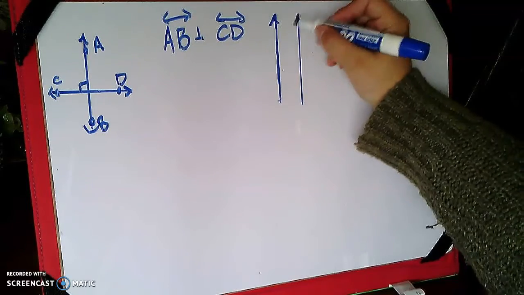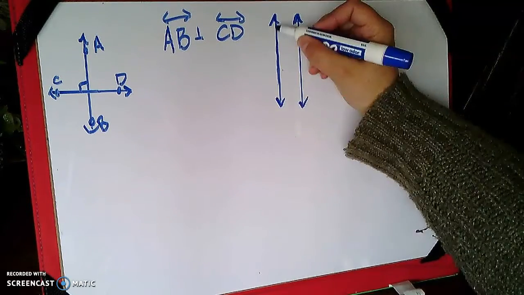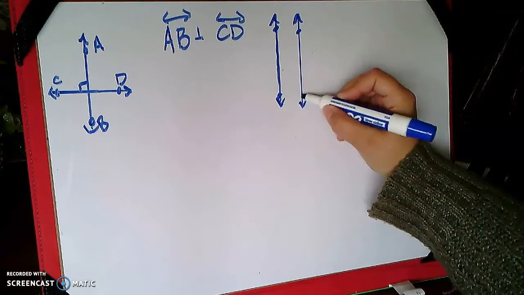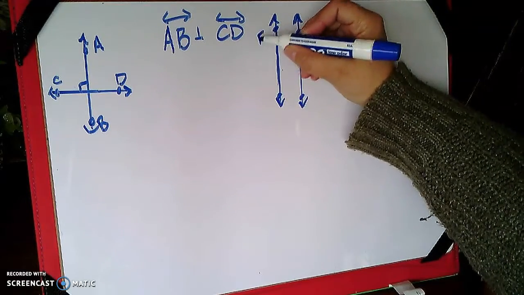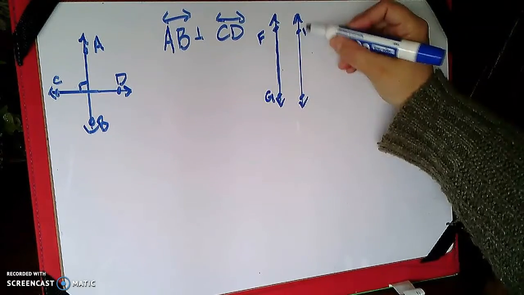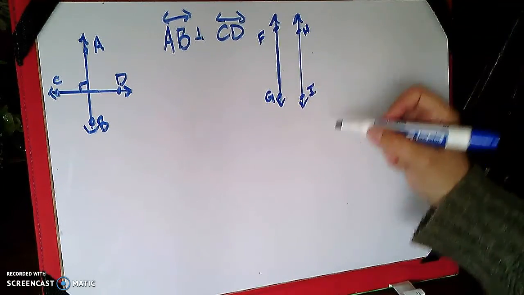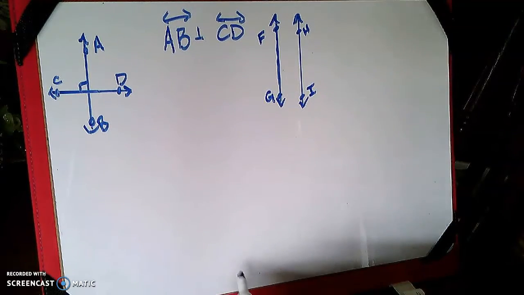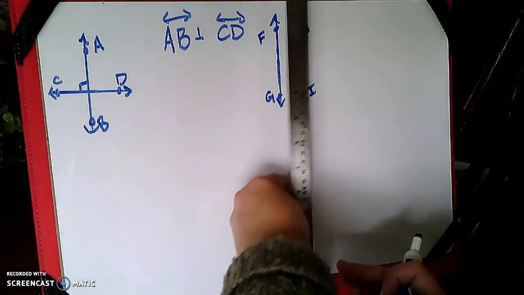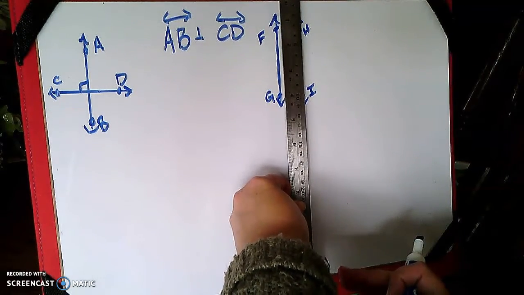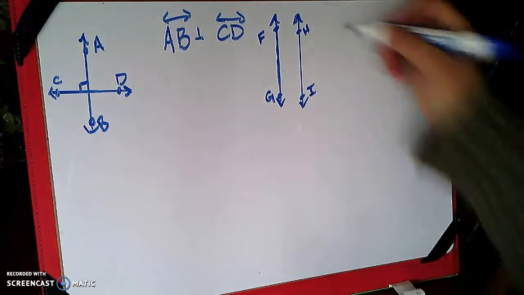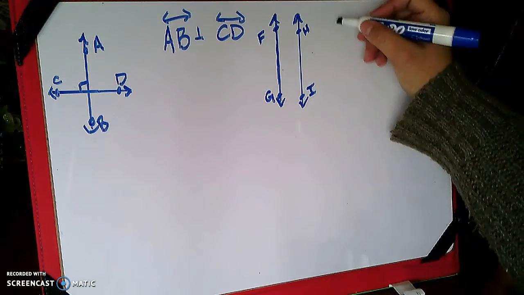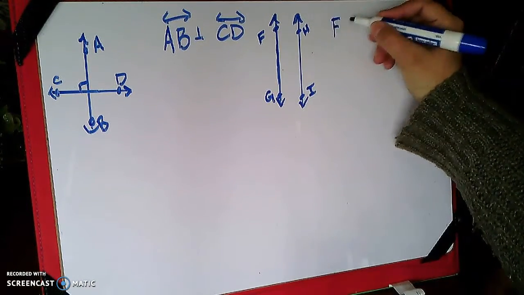But anyway, if these were my two lines, and I had F, G, H, and I, I know that they're parallel because I drew them on the opposite sides of this ruler, but I'm going to tell you how to measure them in just a second to make sure.